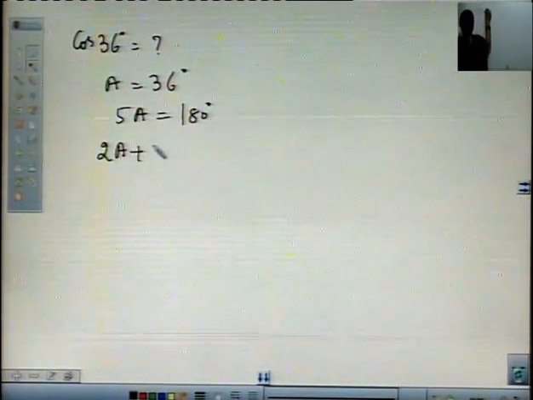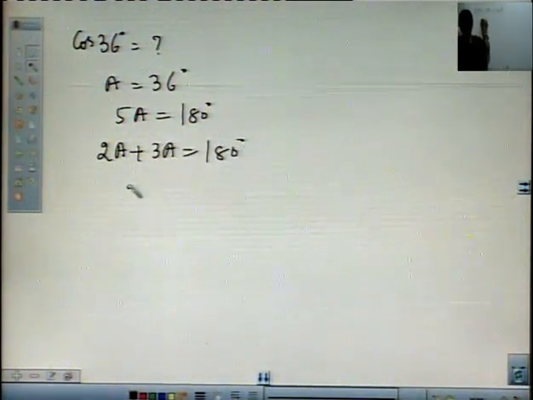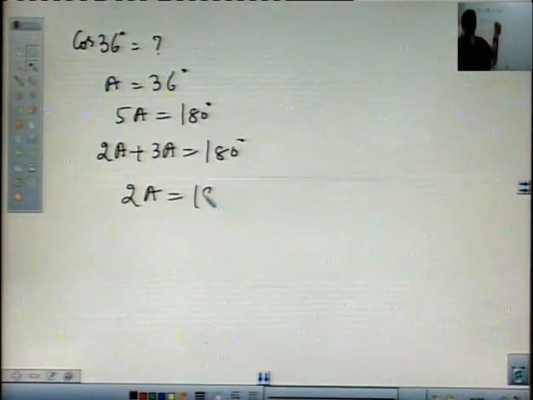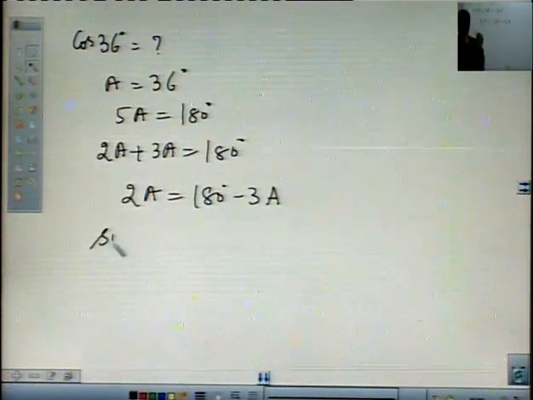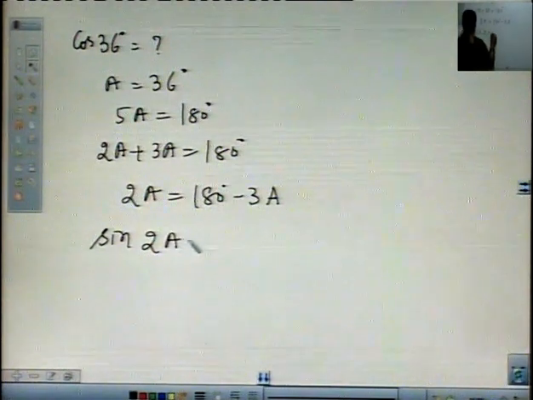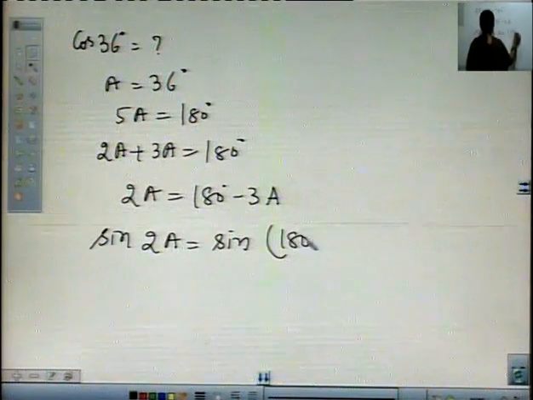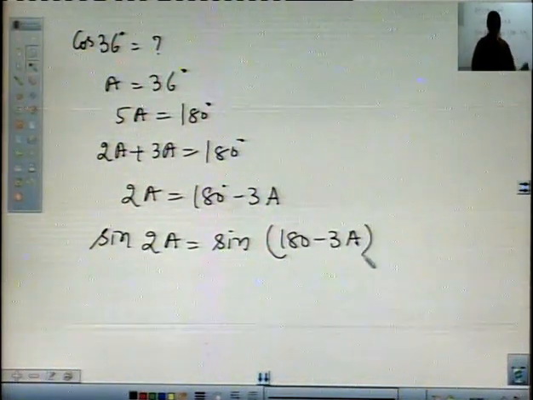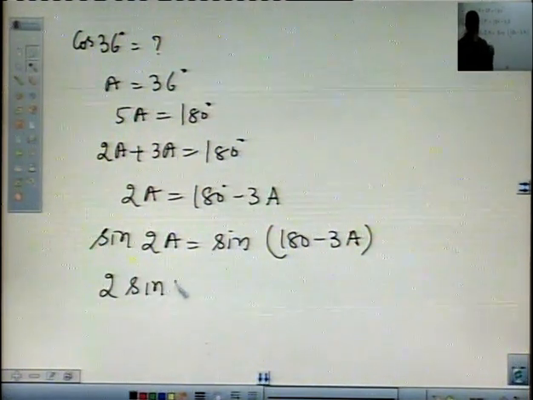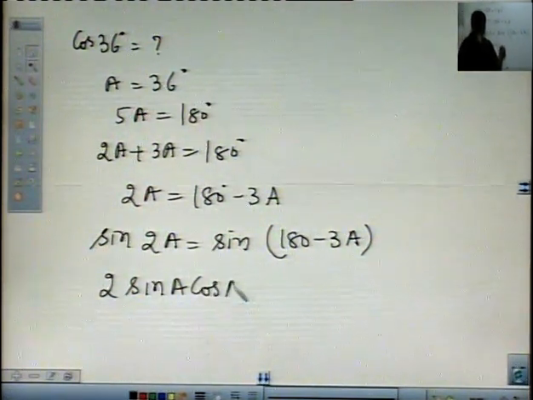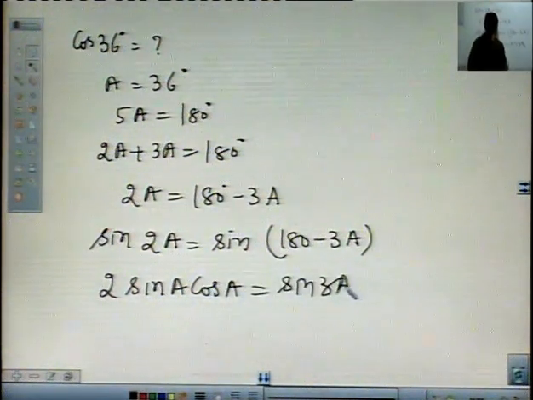Similarly, 5A is 2A plus 3A, so 2A is 180 degrees minus 3A, and taking sine, sin 2A is 2 sin A cos A, and this is equal to sin 3A.